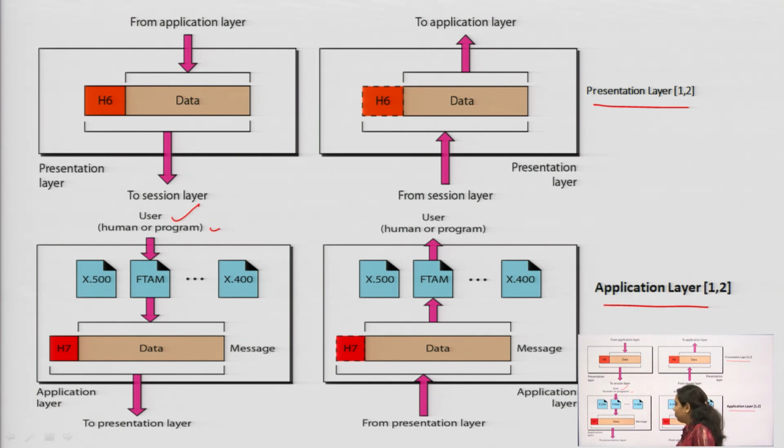For example, let us take device A as a computer and device B as a printer, and the computer wants to take a printout from the printer. Then it has to follow these 7 layers at the transmitter side and again the 7 layers at the receiver side. So, whatever application is associated with printing that document will be used at the application layer.